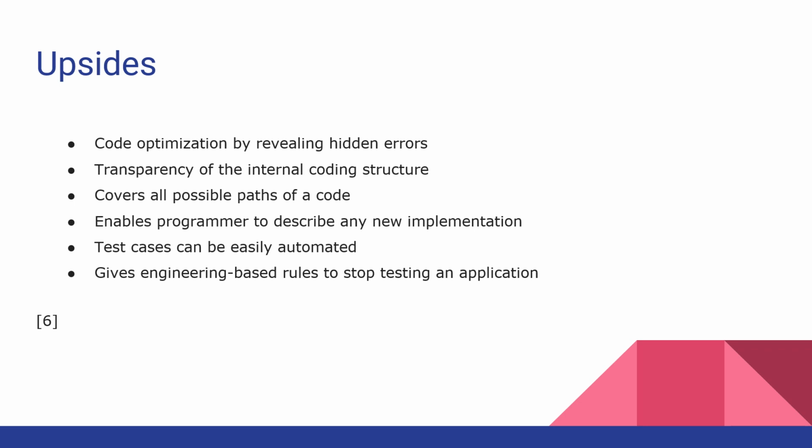Thereby, it empowers a software engineering team to conduct thorough application testing. It also enables the programmer to describe new implementation line by line. Tests can be easily automated because you go line by line and think about all the possible data that could hit this line of code for those test cases. It gives engineering-based rules to stop testing an application. So once you've tested every line and all the inputs that you were able to come up with, the test is done.